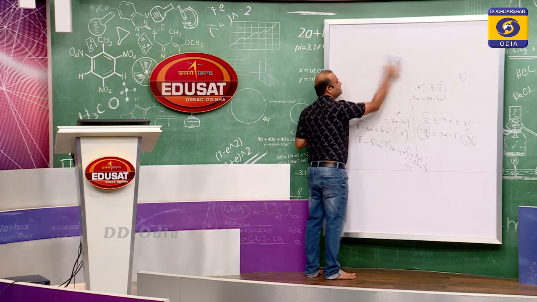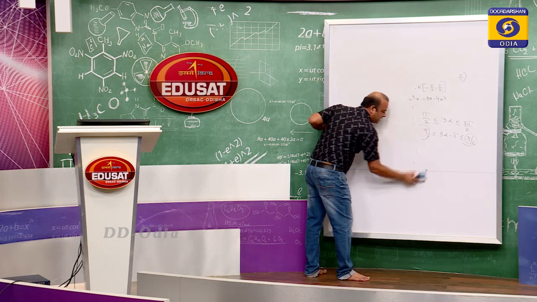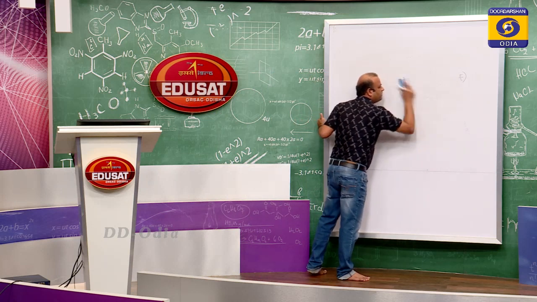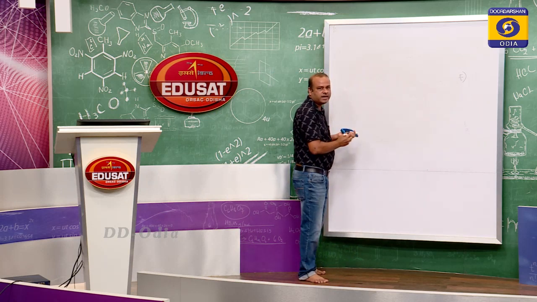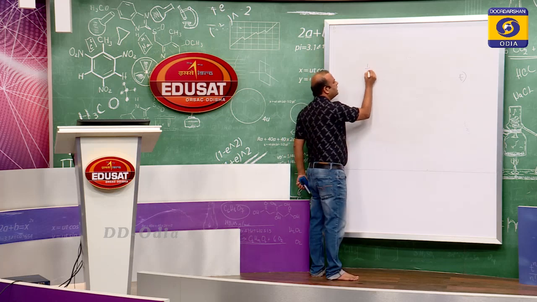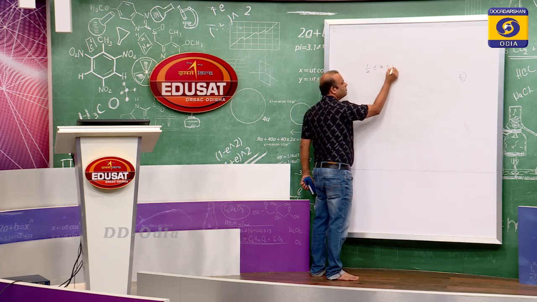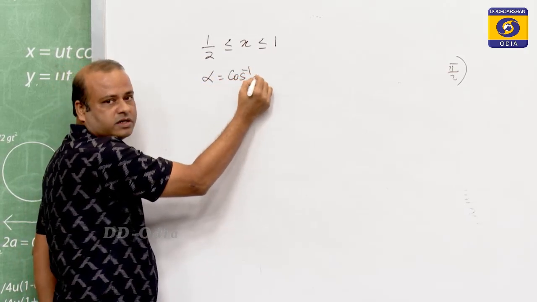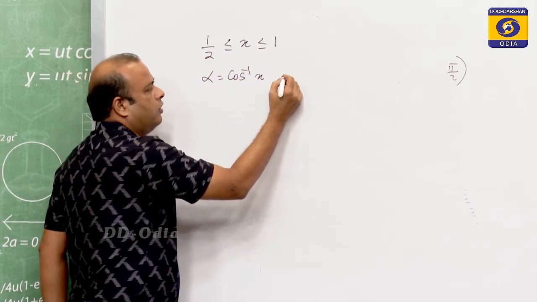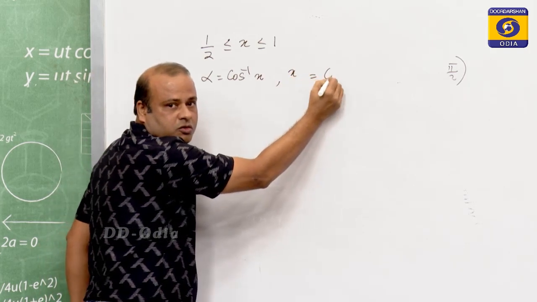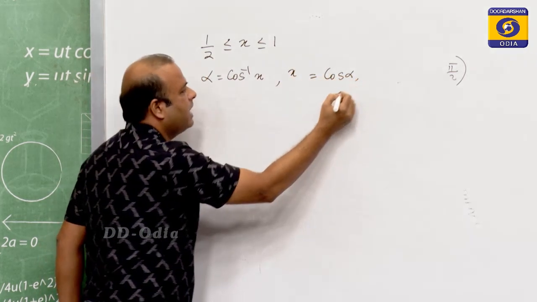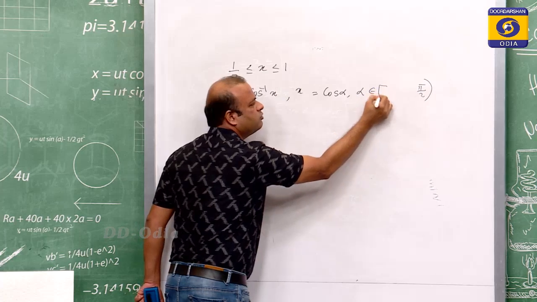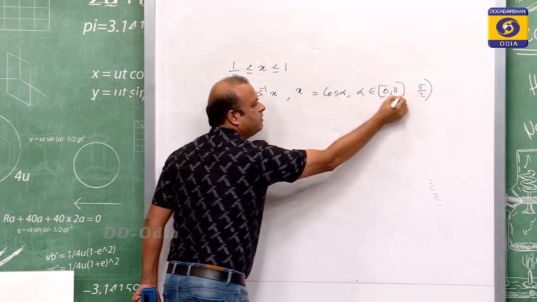Take this case, 1 by 2 less than or equal to x less than or equal to 1. So x is equal to cos alpha, where alpha belongs to 0 to pi.